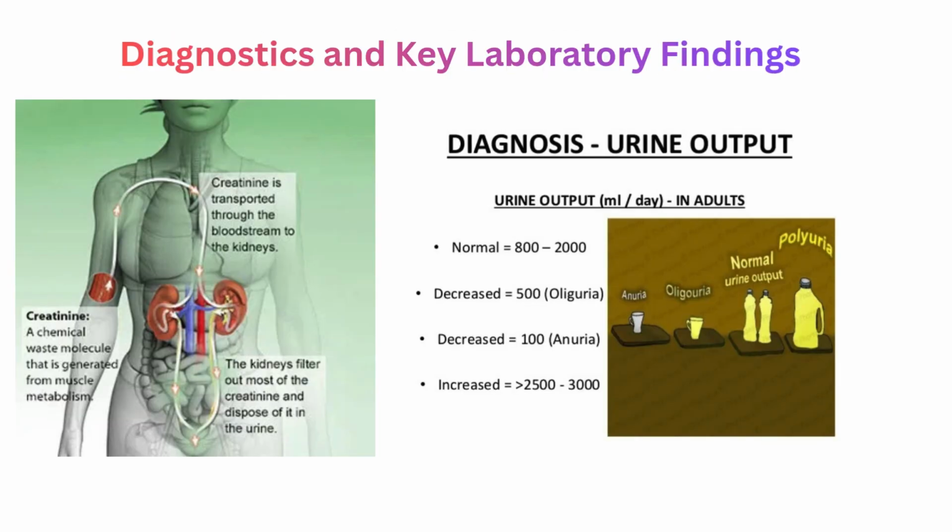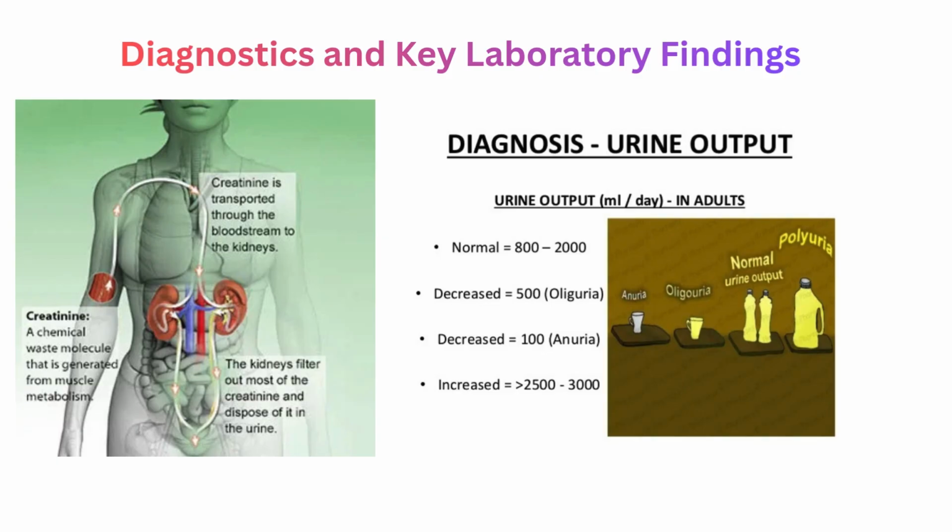Some diagnostic tests and key laboratory findings. Diagnosis is based on changes in serum creatinine and urine output. So, rising serum creatinine and blood urea nitrogen (BUN) test is an indication. Electrolyte abnormalities: hyperkalemia, hyponatremia, metabolic acidosis.